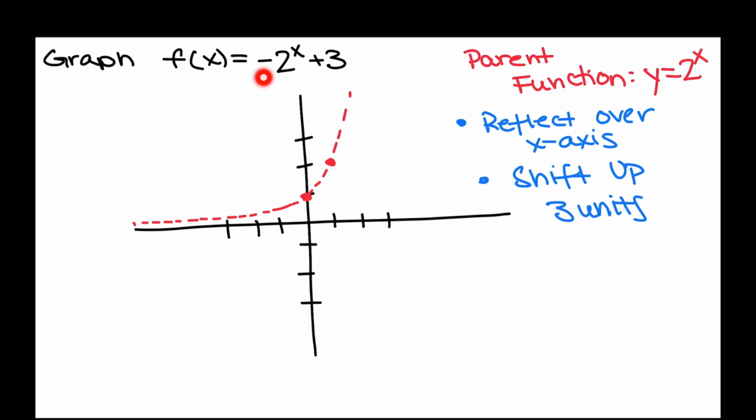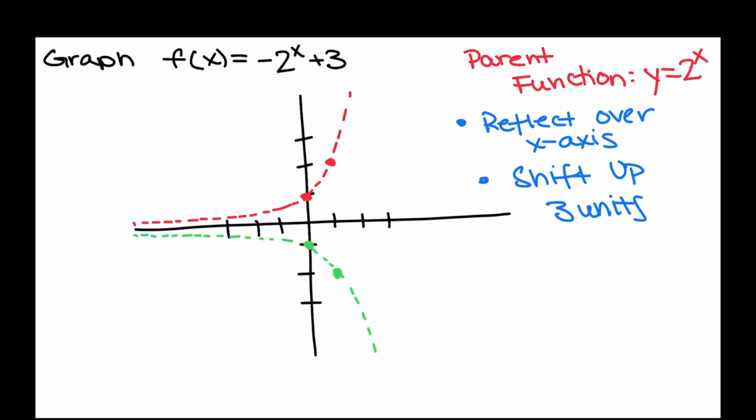It's going to impact the y values. We're going to take the y values and make them negative. That's going to reflect the graph over the x-axis. The plus 3 is outside of the exponent. It's an output transformation. It also impacts the y values. So we're going to be shifting it up 3.